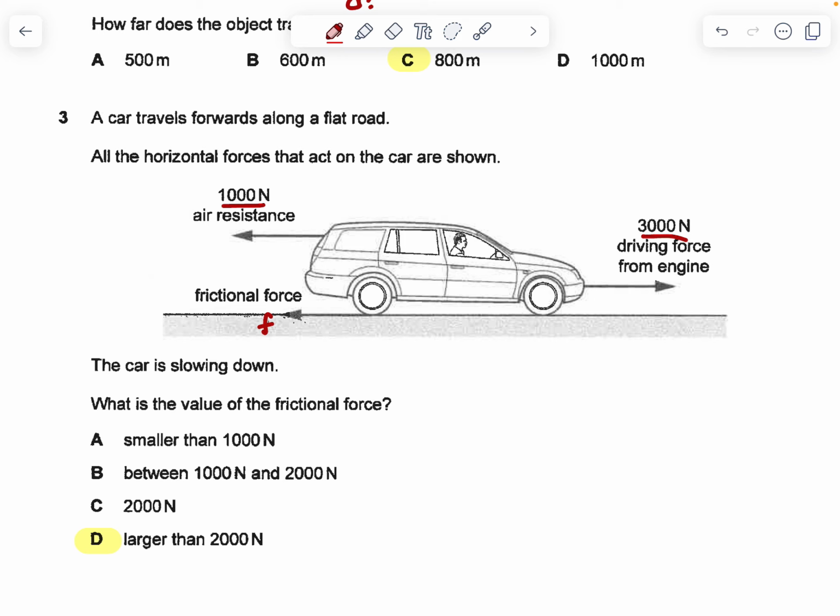Okay, so since the car is slowing down, it means that the driving force is less than the frictional force and the air resistance. So 1000 air resistance plus frictional force should be greater than the driving force of 3000. So you can solve for F, more than 2000 newtons.